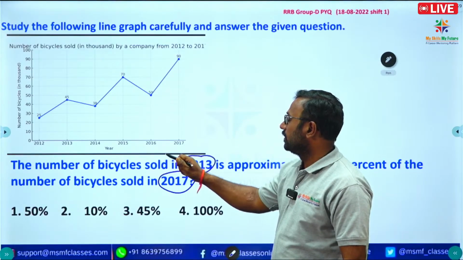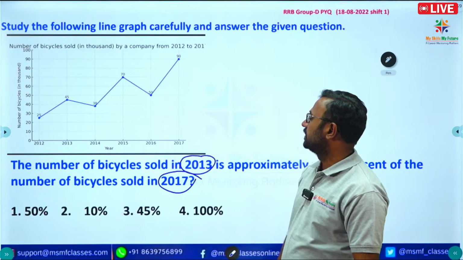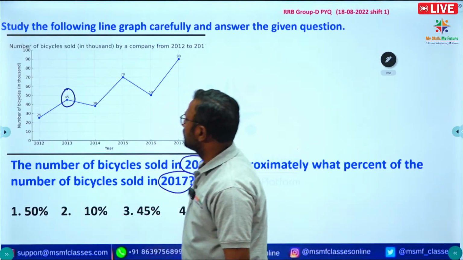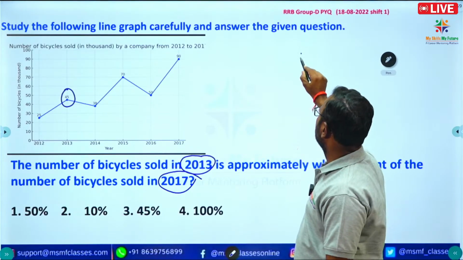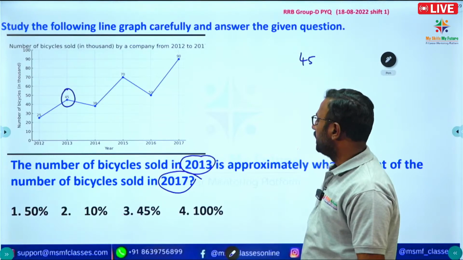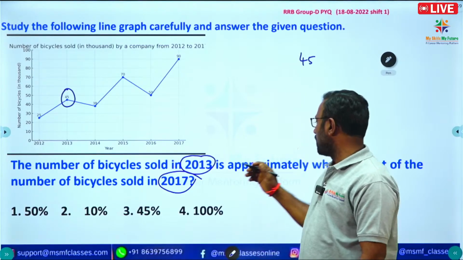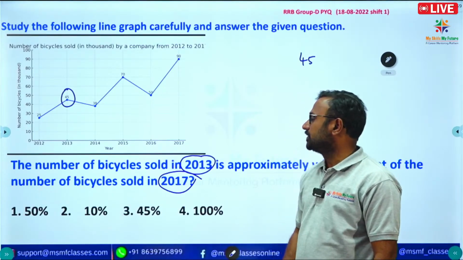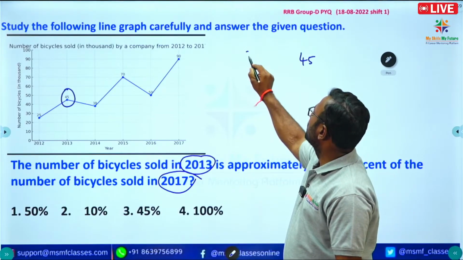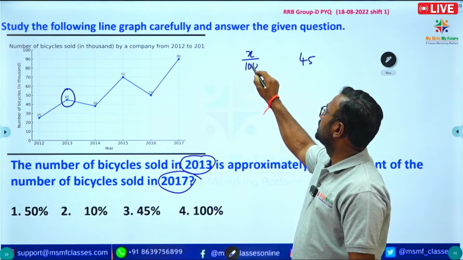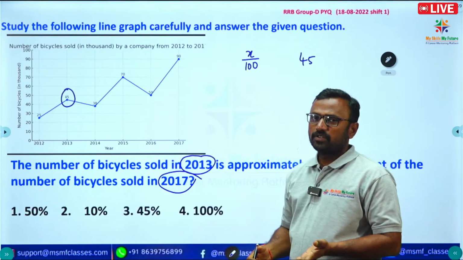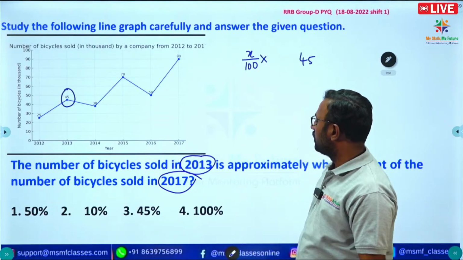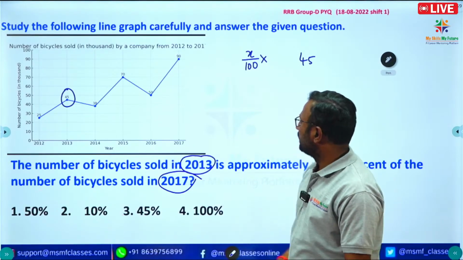The number of bicycles sold in 2013: see that in 2013, 45 bicycles were sold. Is approximately what percent of the number of bicycles sold in 2017? So x percent, we don't know that percent, of 2017.